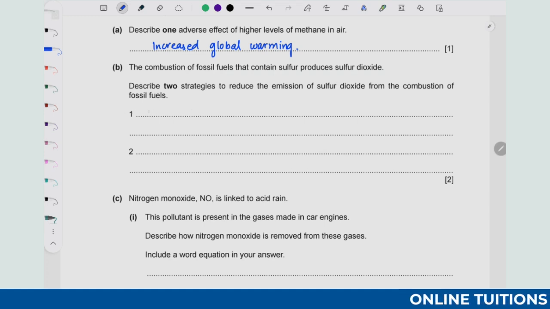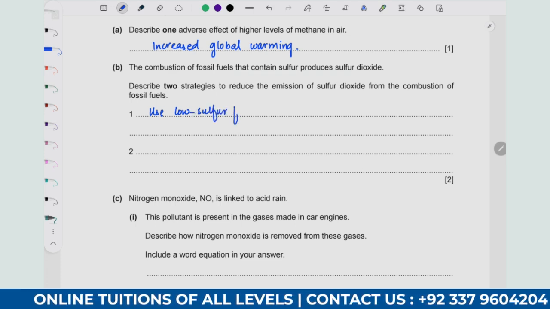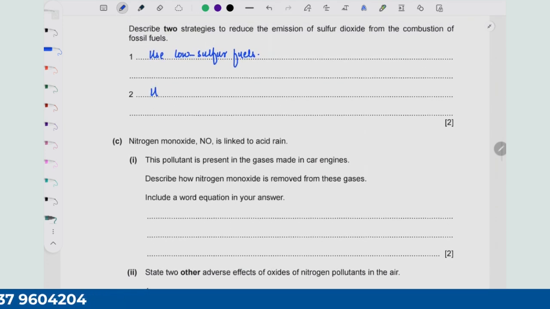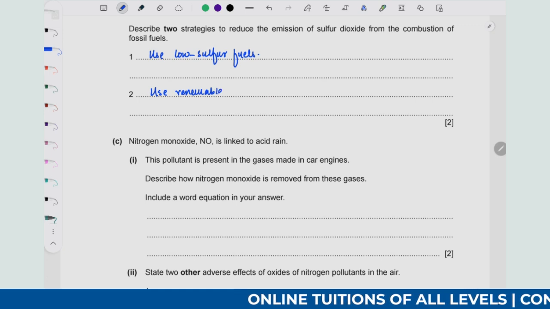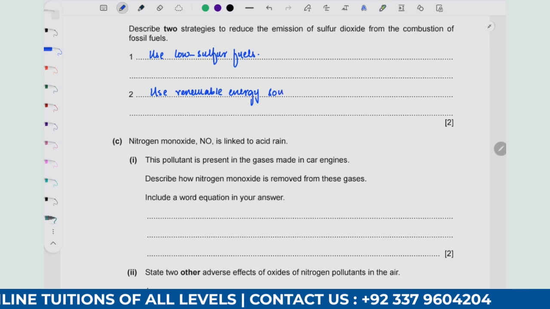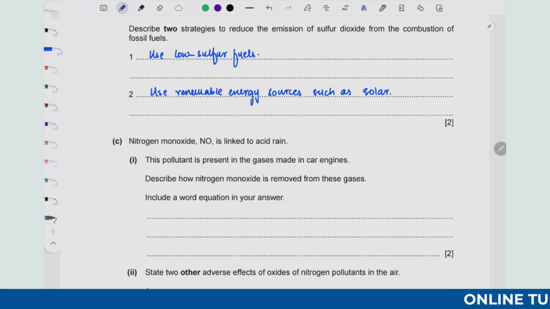So we can use low sulfur fuels, and we can also use renewable energy sources such as solar. Okay, you also have to name the renewable energy source.